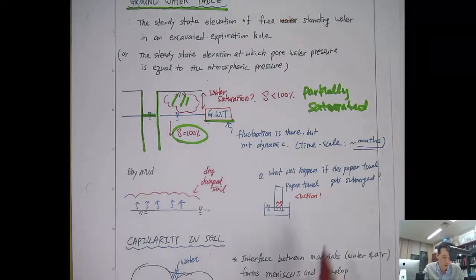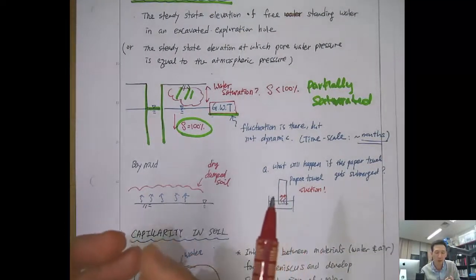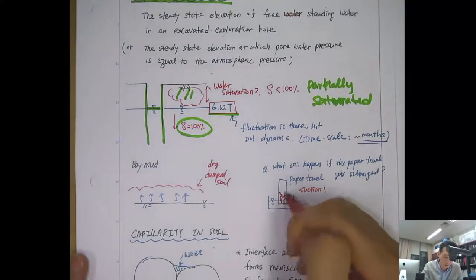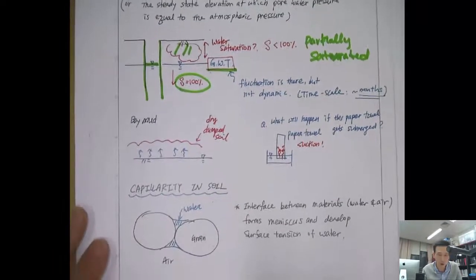For example, if you have water in a cup, in a container, and you put a paper towel in there, then this paper towel will suck the water up, right? And the water will go up to wet this paper towel, and this is called capillarity.